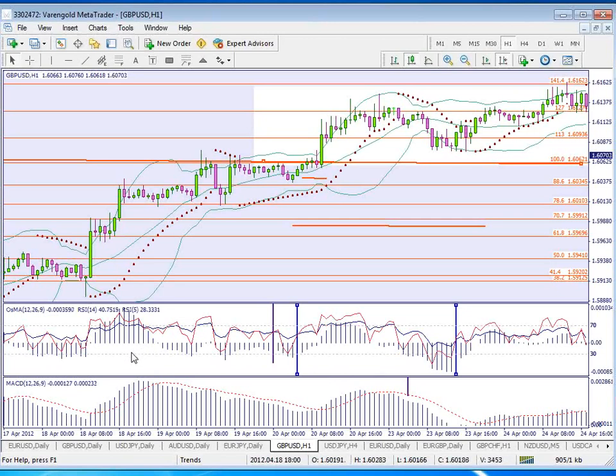The rest of the indicators just help me to have an idea about the trend: the oscillator of moving average and MACD are indicators for trend, also the trend lines and also the SAR that I have here. So for me, what is important is this cross.